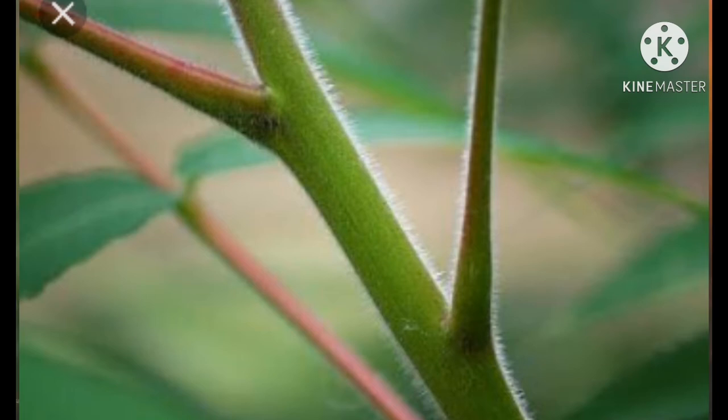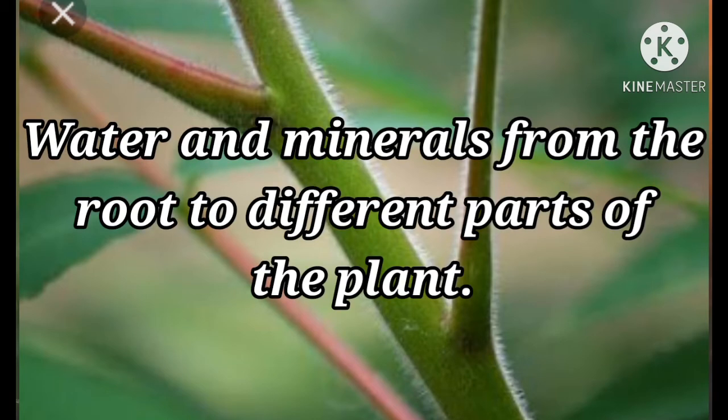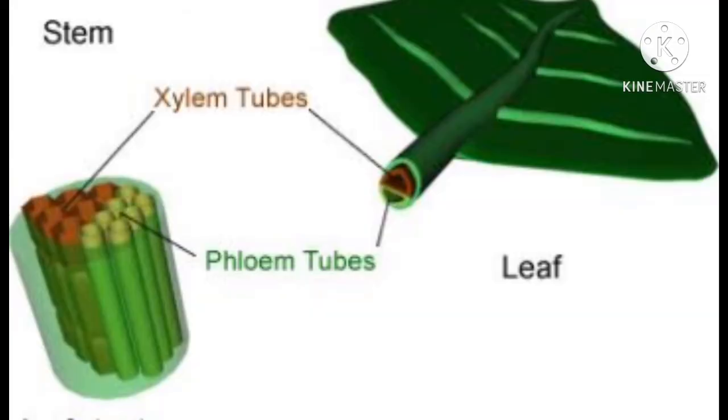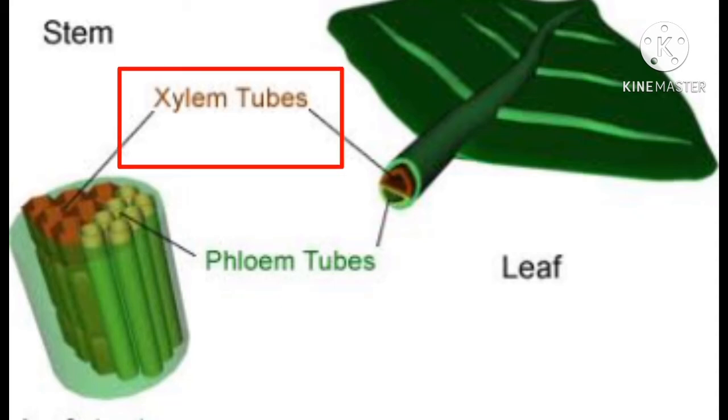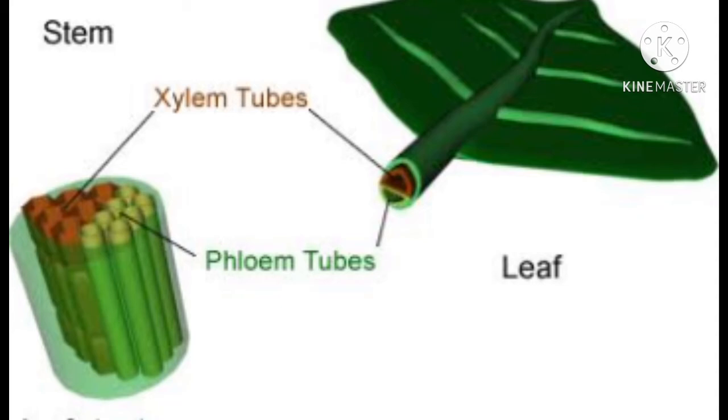Stem also helps to transport water and minerals from the root to different parts of the plant. Children, inside the stem there is another special tube-like structure called xylem. This xylem helps the stem to transport water and minerals from the root to different parts of the plant.